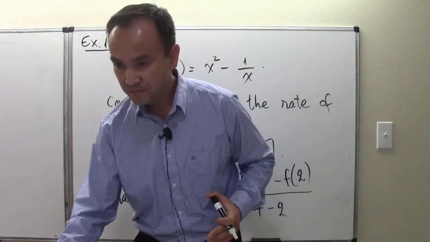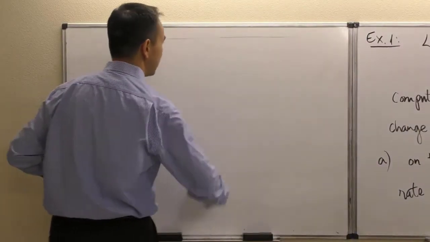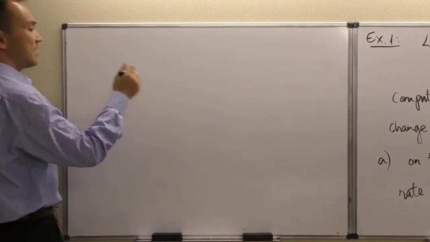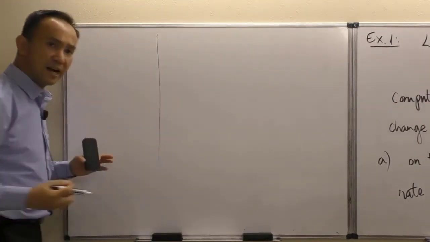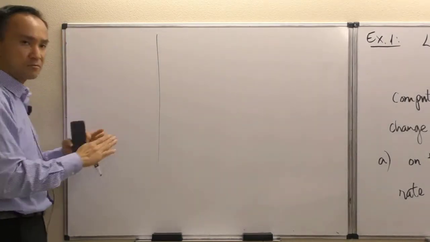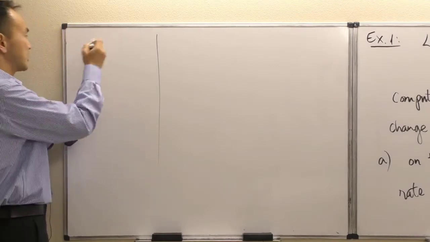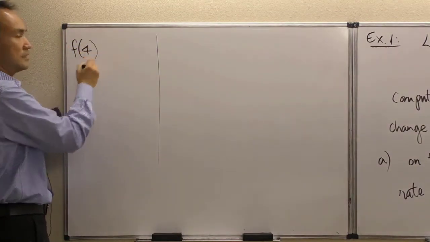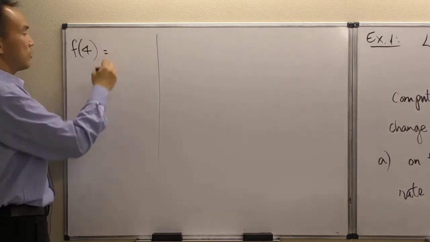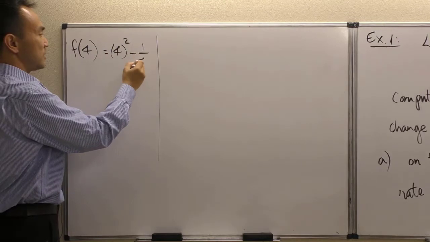So on this space of my board right here, anyone doing this kind of work is welcome to tear the problem down to each individual part, just like I've done in the earlier part. But now this part belongs to scratch work. F of 4 is simply going to be 4 squared minus 1/4.